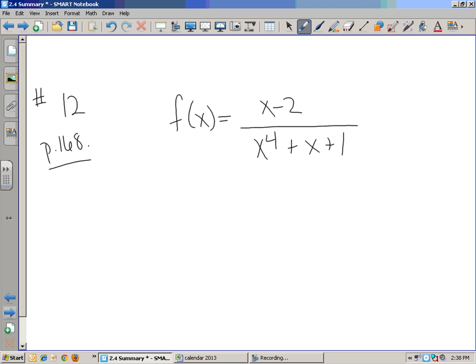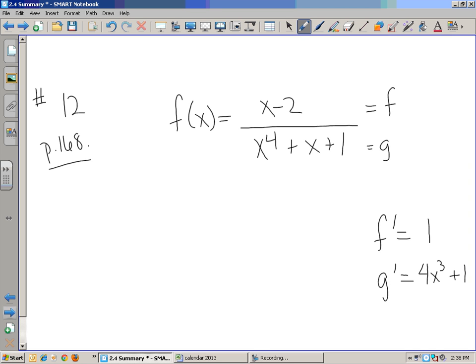Okay, so x minus 2 divided by the quantity x squared plus x plus 1. So this is f, and this is g. So f prime is 1, and g prime is 4x cubed plus 1.